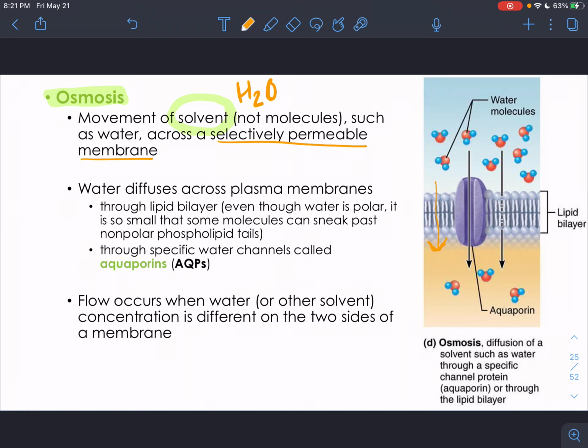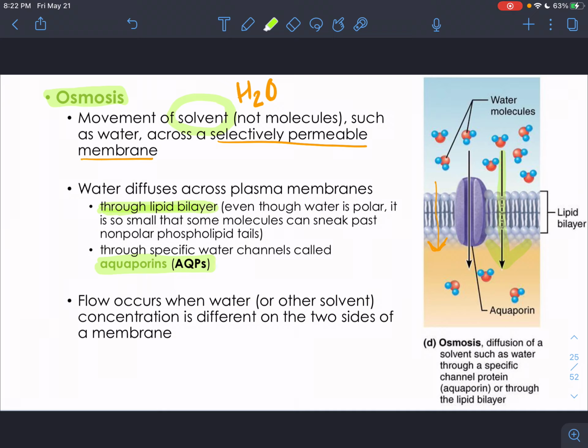A lot of times it's going to move through a certain channel called an aquaporin, which is a channel specifically designed to allow water to move through. So it can move through the lipid bilayer on its own or through the aquaporin.